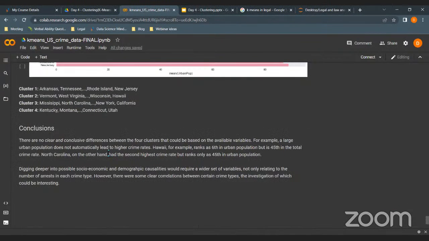If we want to draw a conclusion, we can say there is no clear, conclusive difference between the four clusters based on urban population. A large urban population does not automatically lead to a higher crime rate. Take the example of Hawaii.